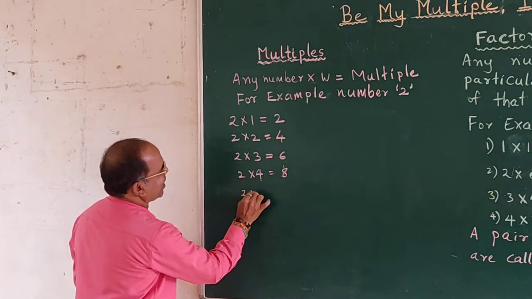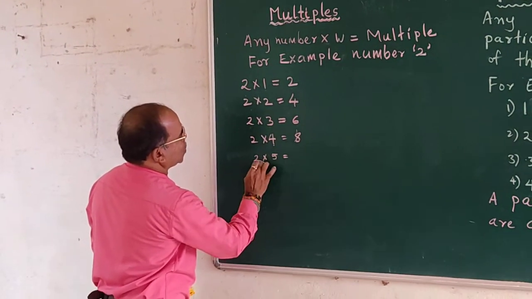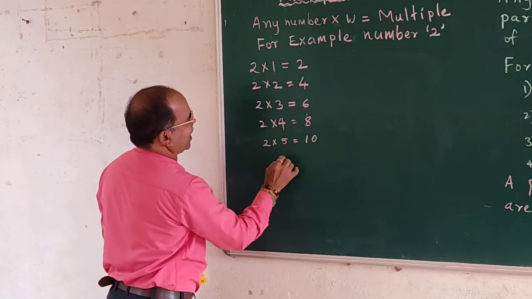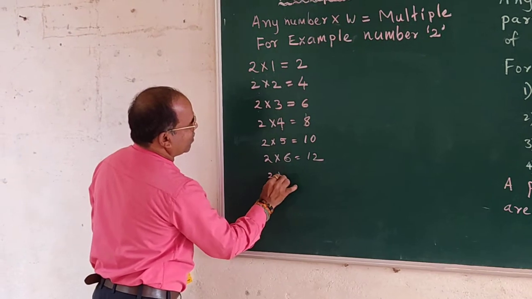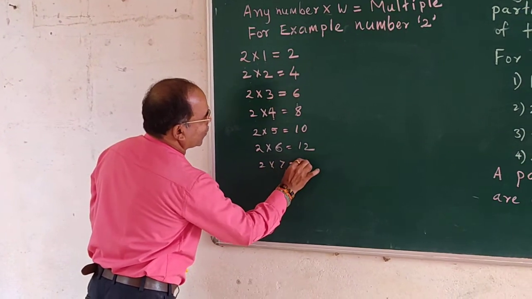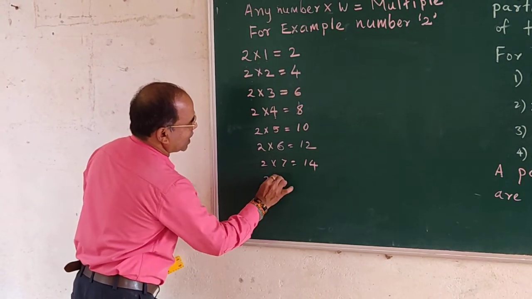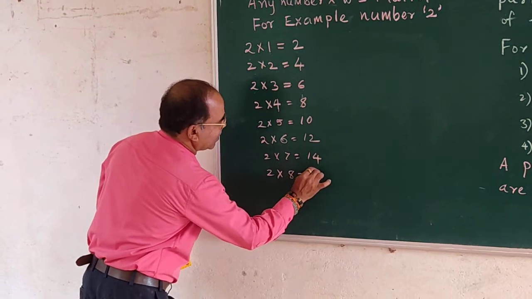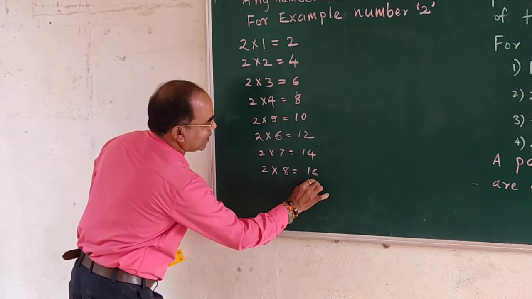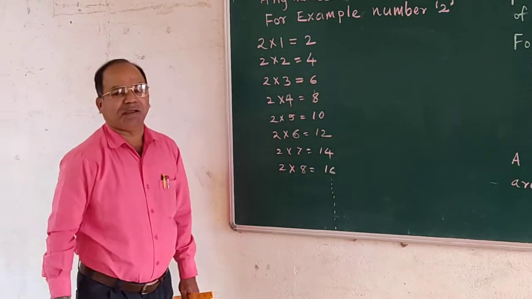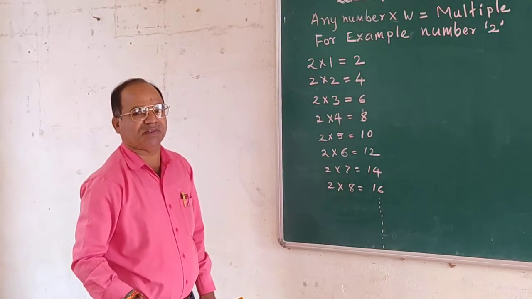In the same way, 2 multiplied by 5 is 10, 2 multiplied by 6 is 12, 2 multiplied by 7 is 14, 2 multiplied by 8 is 16. Like that it goes on continuously.